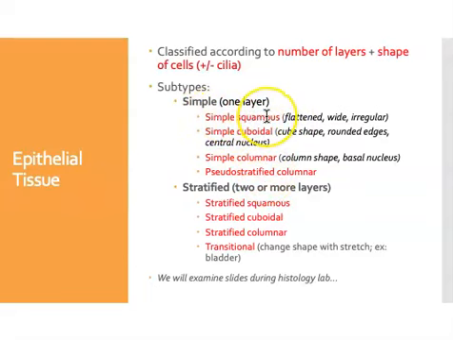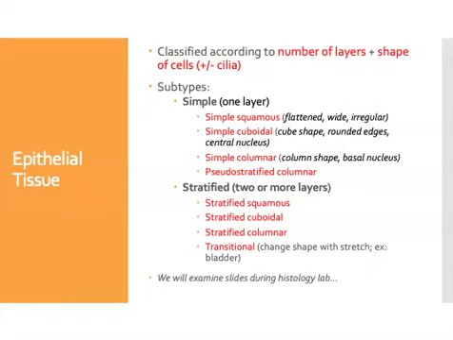Now, simple squamous epithelium is a single layer of flattened, wide, and irregularly shaped cells. Simple cuboidal, like the name suggests, is a simple layer of cells that have a cuboidal shape. They tend to have sort of rounded edges and a very centrally located nucleus.